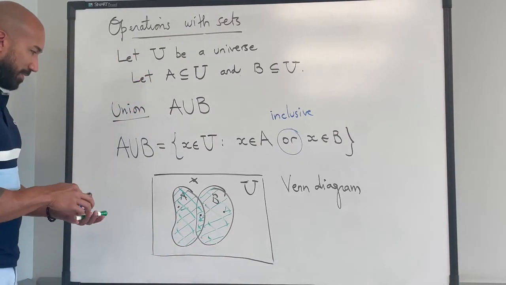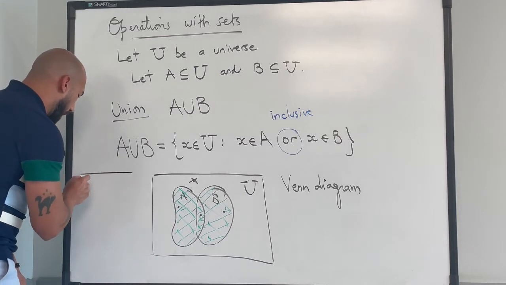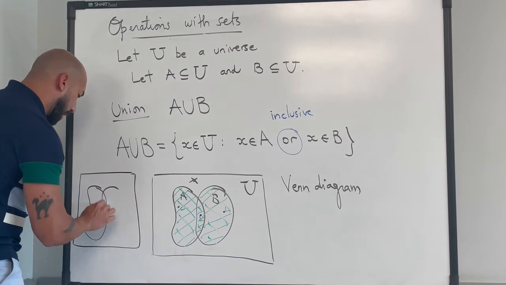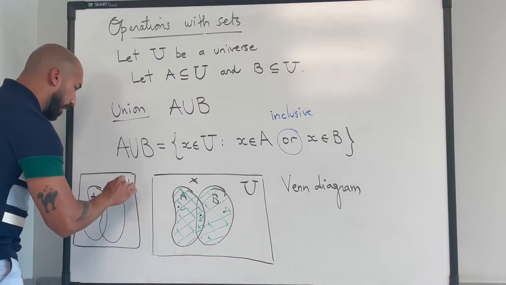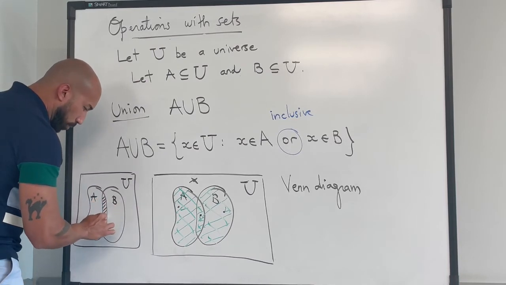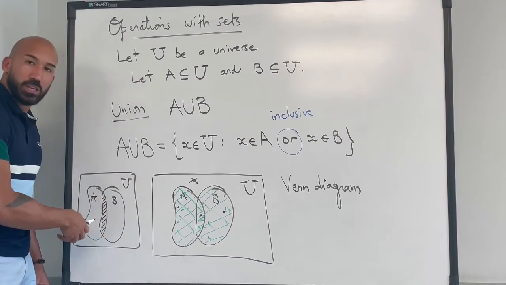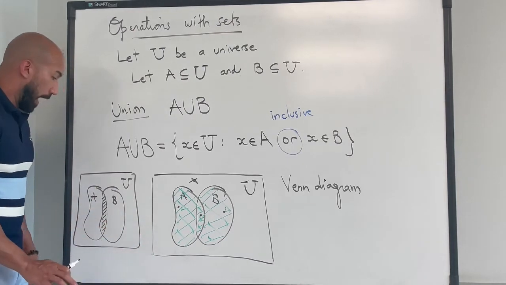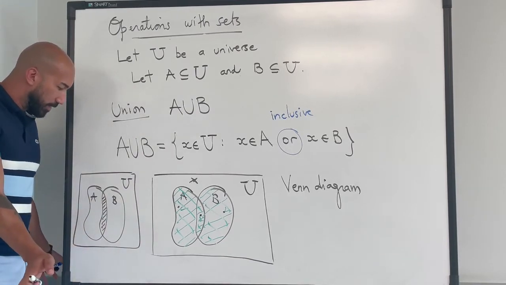If you remember the intersection, the part here is what the sets have in common. So the intersection reduces the sets, or at most the sets stay as they are.